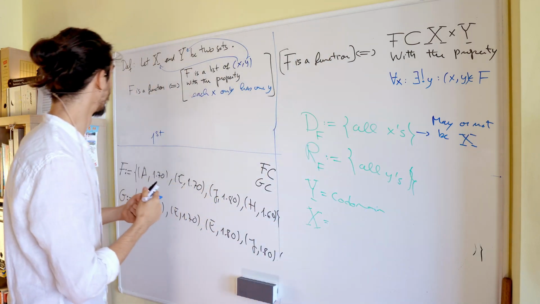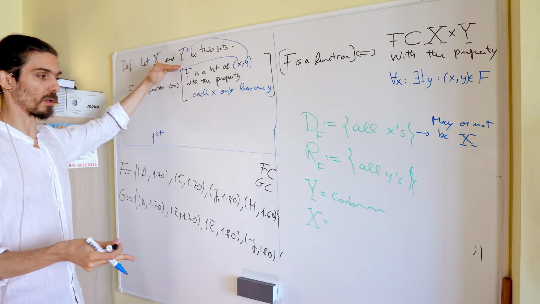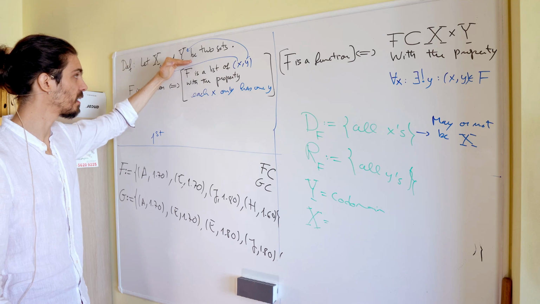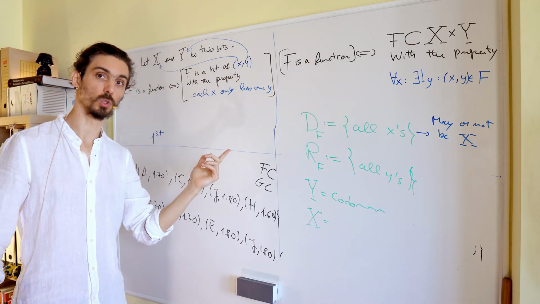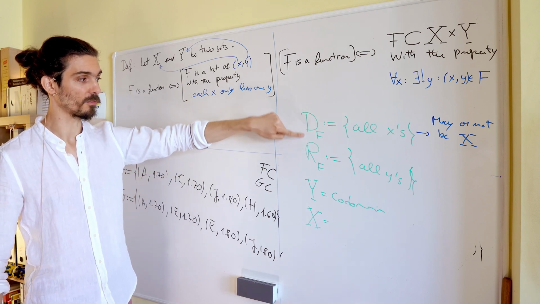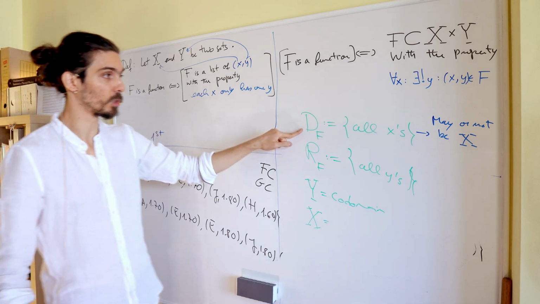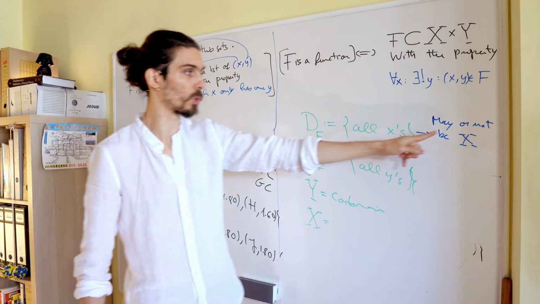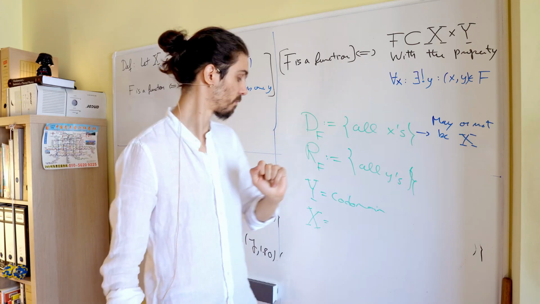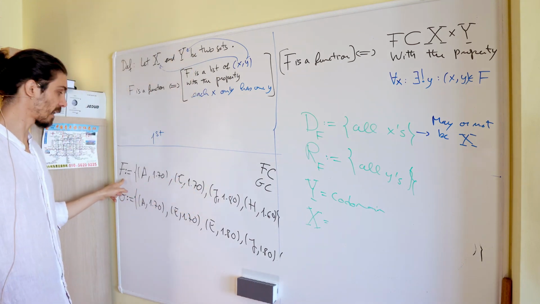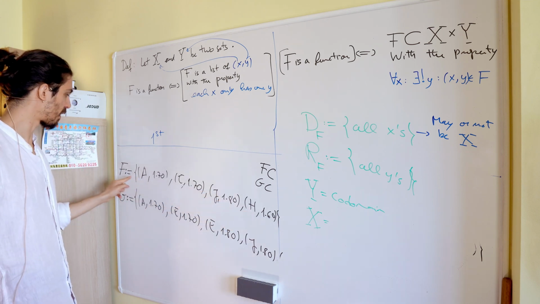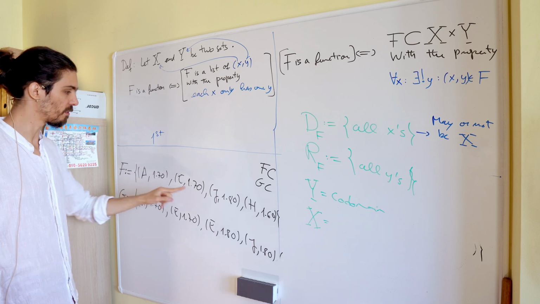Recall, X and Y are the starting points. You need to specify what these are. After you specify X and Y, you construct the Cartesian product and then you choose a subset. Once you choose the subset, you have in turn D sub f and R sub f. It might happen that the f that you chose has a domain exactly equal to the original X. For example, in our f that happens: Abby, Eve, John and Hugo were in X, and the domain of f is Abby, Eve, John and Hugo.